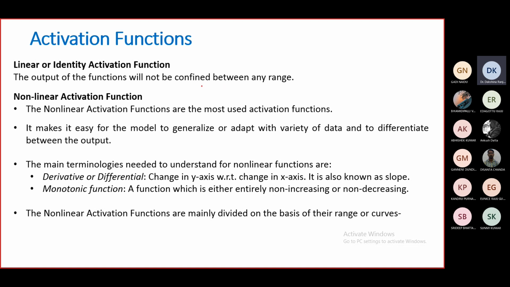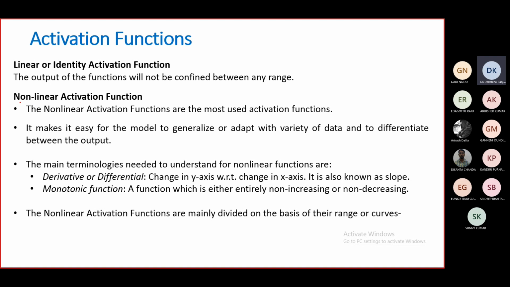That means if we want the output of the neural network functions to be in the range of 0 to 1, then we cannot consider the linear or identity activation functions, because the linear activation function will give the same output as that of the input. So therefore we can get the output in any range.